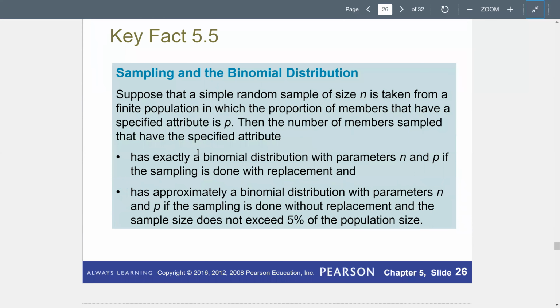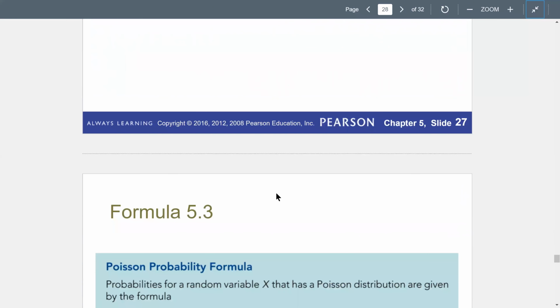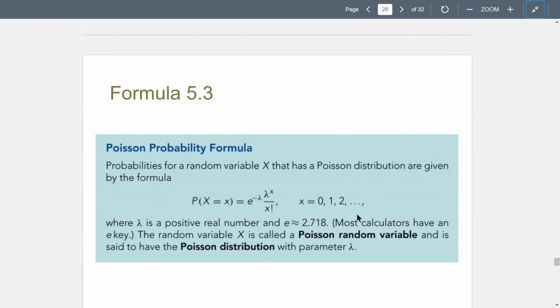All right. Then I can skip this. Then the Poisson probability distribution. The Poisson probability distribution looks like this, where e is the exponential constant, approximately 2.71.